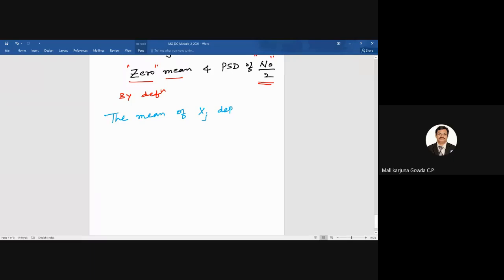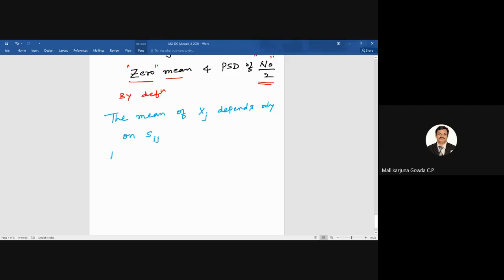Since xj equals Sij plus wj and the mean value of wj is 0, the mean of xj depends only on the value of Sij. Hence, I can write the mean of xj.